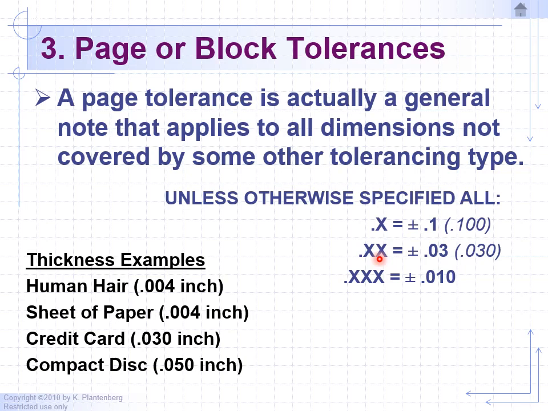If you need more accuracy, like the diameter of a hole, for example, then you can go with 3 decimal places. And you can say 1.000, and that'll tell the machine shop that they can be off by plus or minus 0.010, which is about 2 human hairs in each direction.